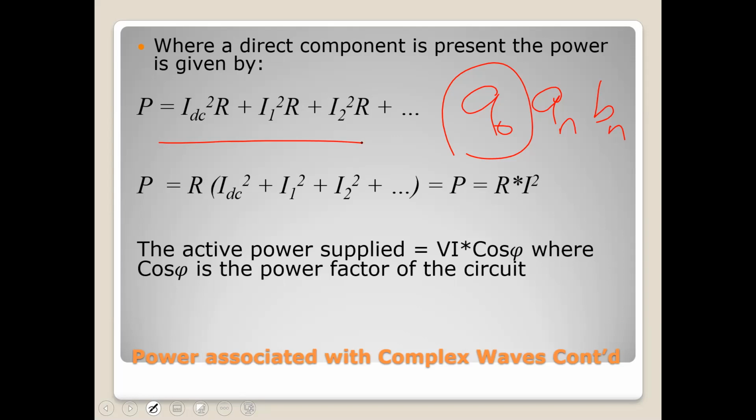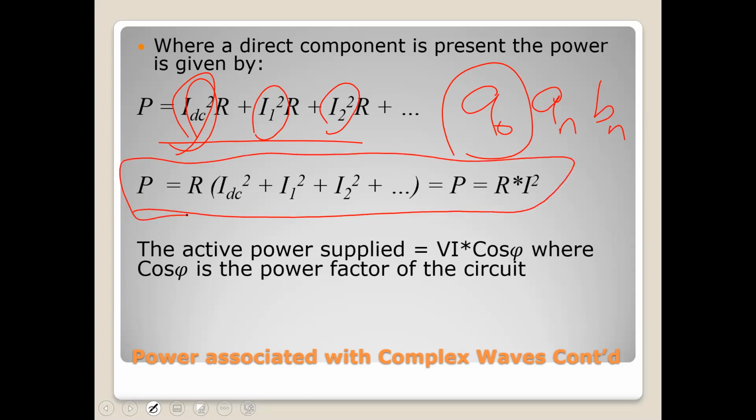So when we come to the DC and speak of RMS, it would be the same value. It wouldn't be changing anything. In this case, it would just be IDC squared plus I1 squared, I2 squared, etc. So the formula, gentlemen, would remain the same. The difference, however, is that if I have a DC component, I would not be finding the RMS value of that DC component. That's the key.